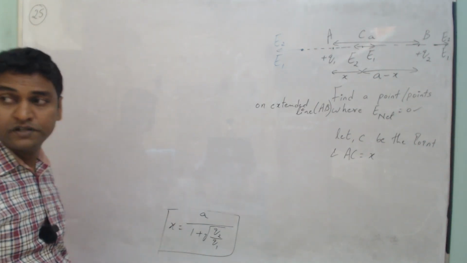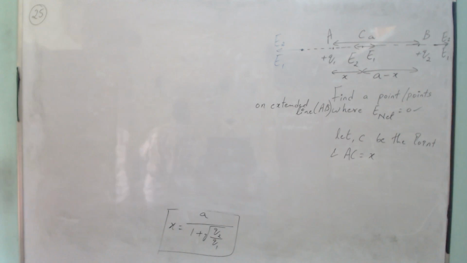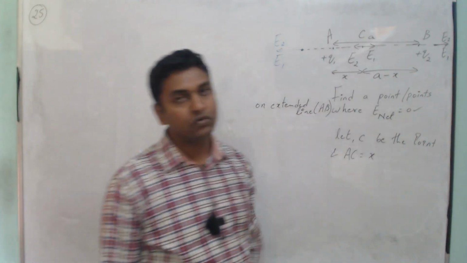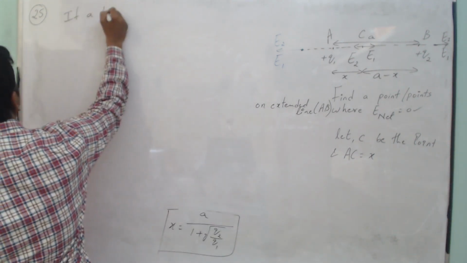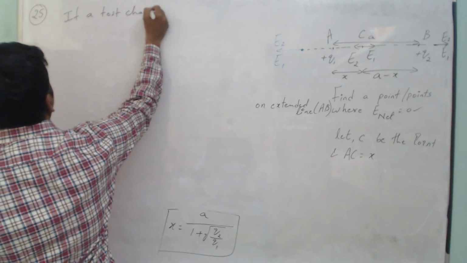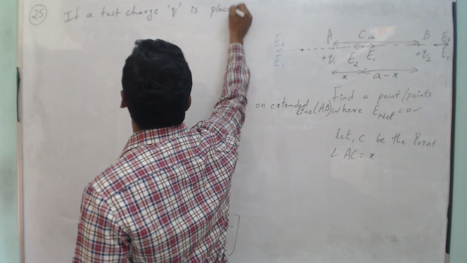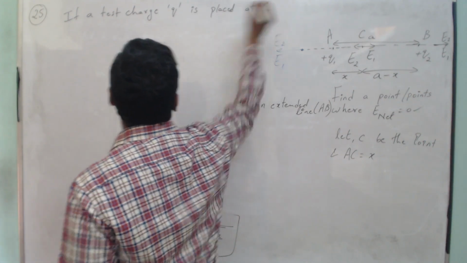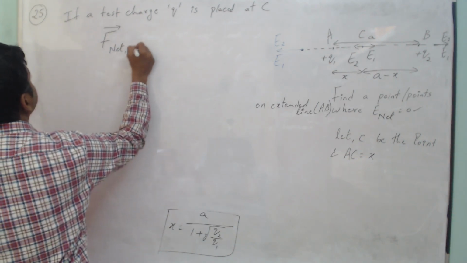So if point C is the point where the net field is zero, that means if a test charge Q is placed at C, what will be the net force due to Q1 and Q2 on charge Q?